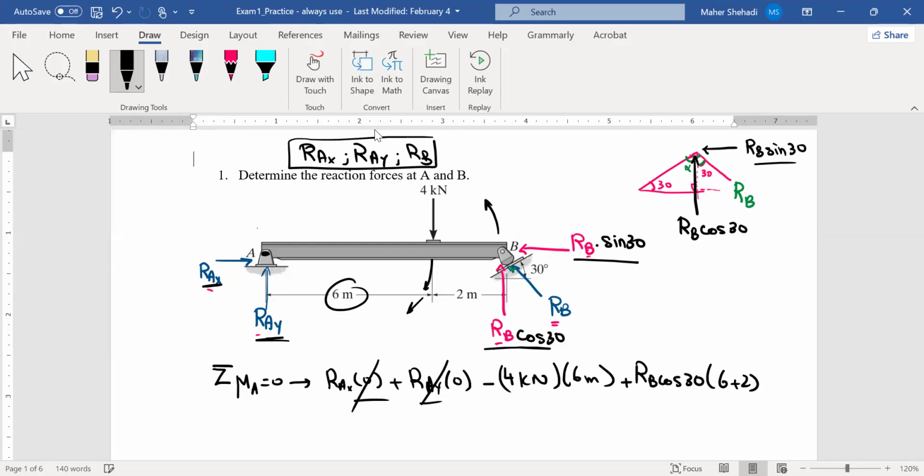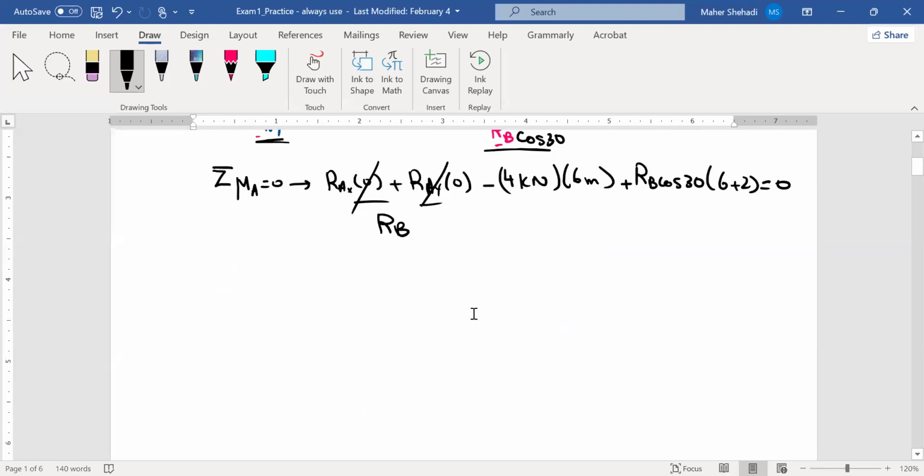And then this horizontal component is passing through point A, so it's not going to create any moment. So that's equal to 0. Therefore, RB is, I'll take this, 24 to the right side, and then divide by 8 cosine 30. So as you can see, I can get an answer here.